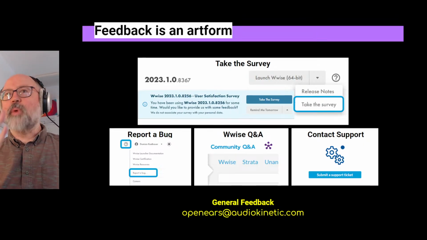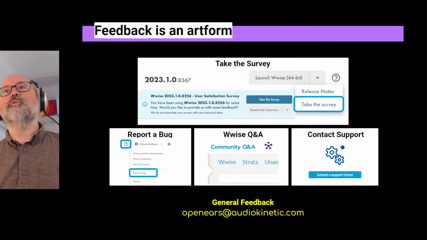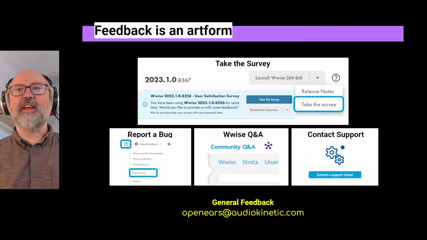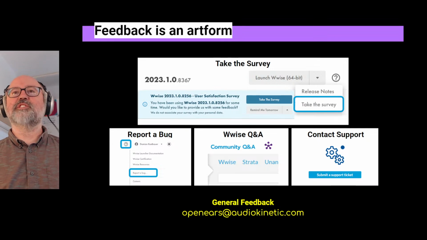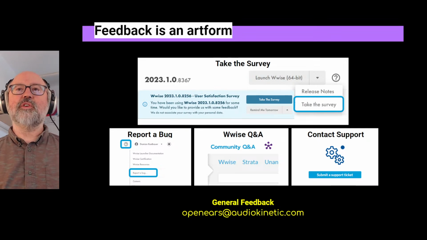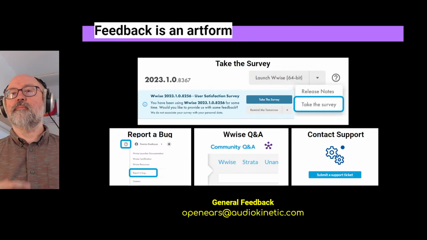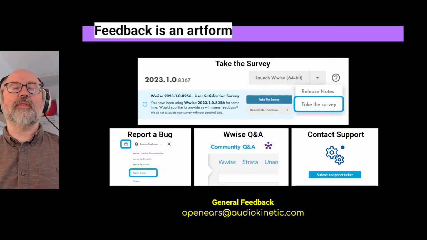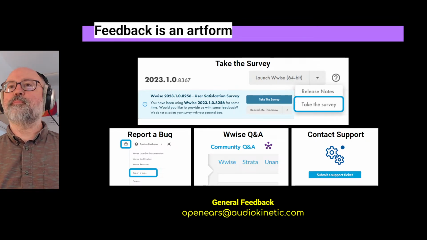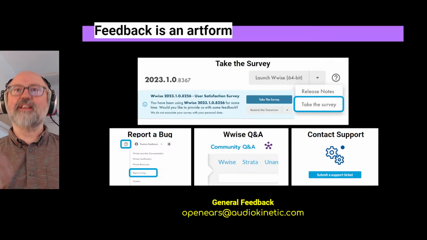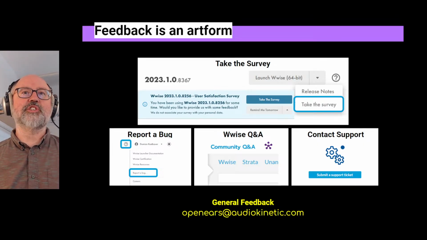We've also got bug reporting, the Wwise community Q&A. We've got our support channel and an email address for general feedback. So no matter what way you like to communicate to bring your experience with the beta to Wwise, please do, so that we can learn and continue to make these improvements in the direction of your workflows.